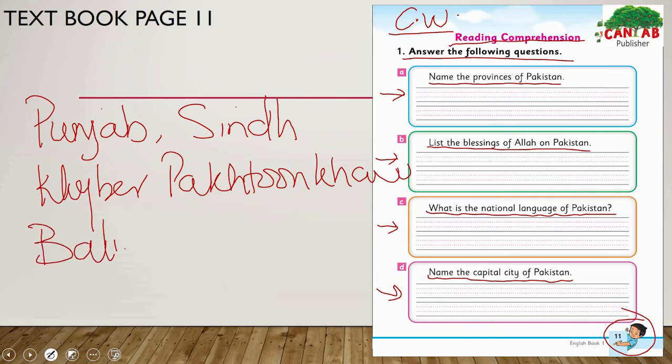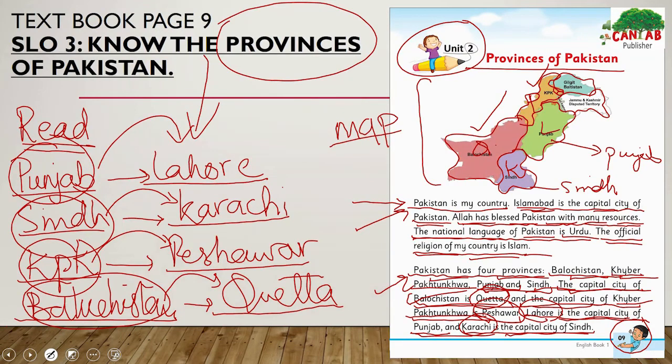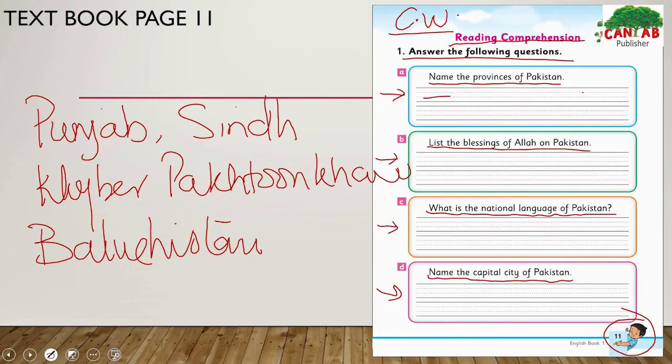You can find the answers from the lesson as well. You can go back to page number 9 and see for yourself the answers and write them here on the lines given. List the blessings of Allah on Pakistan. You can list down some blessings of Pakistan which are given by Allah.